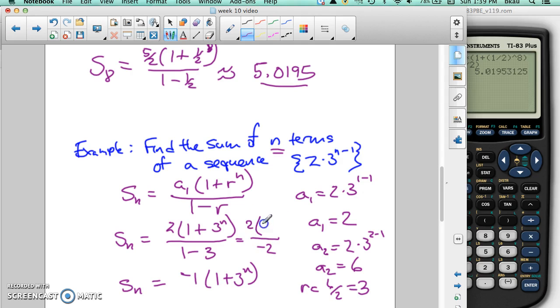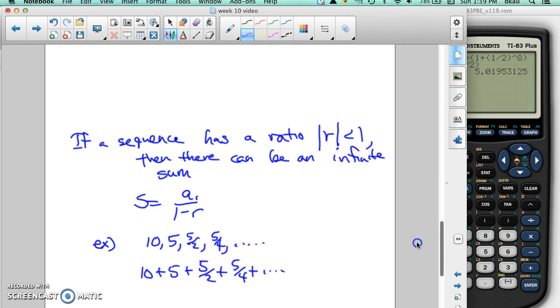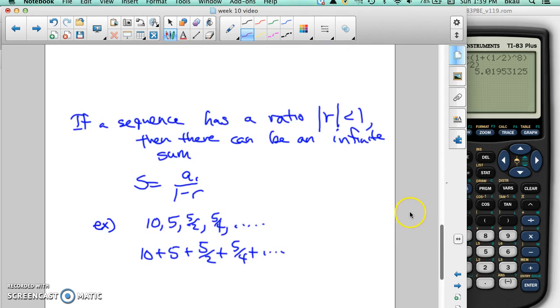And we're going to reduce that term in front. So we reduce this part of it and we get negative 1. This is my solution to s sub n, or my sum of n terms in this sequence. This is my formula.